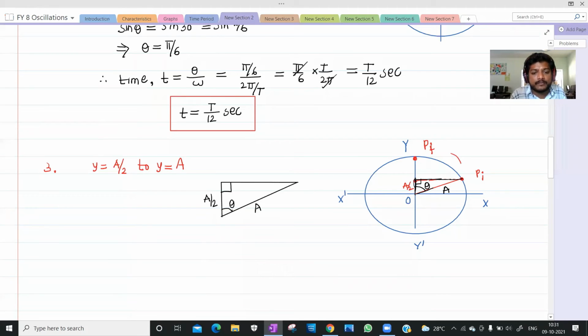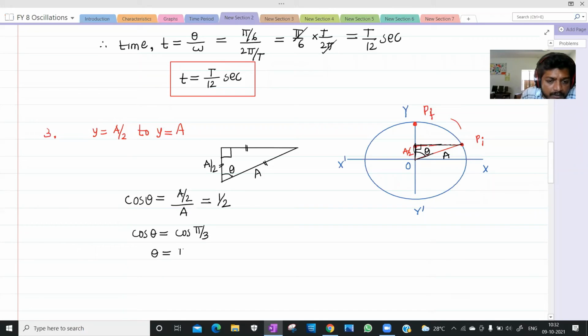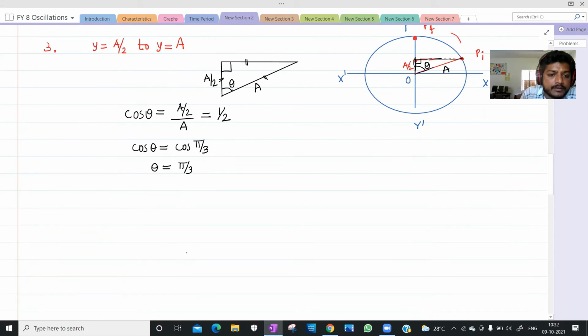Now, theta: this side is the opposite side, this is the adjacent side, and this is the hypotenuse. We have to use cos theta. Cos theta equals adjacent by hypotenuse, which is A by 2 by A, that is 1 by 2. So cos theta is cos 60, which means cos pi by 3. Theta is equal to pi by 3.